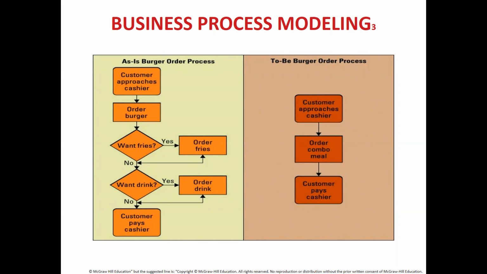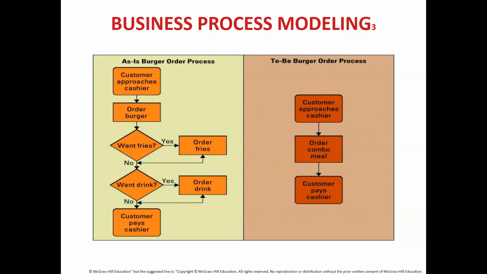Then there's a diamond. The cashier asks, do you want fries? If yes, then order fries. If no, do you want a drink? If yes, order a drink. If no, the customer pays the cashier. That's the as is model.